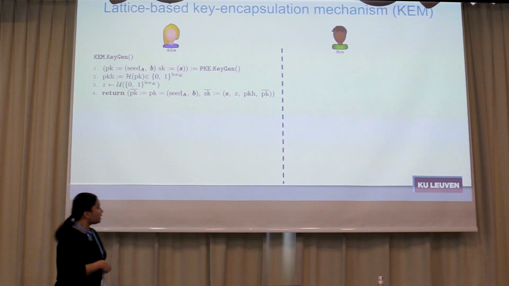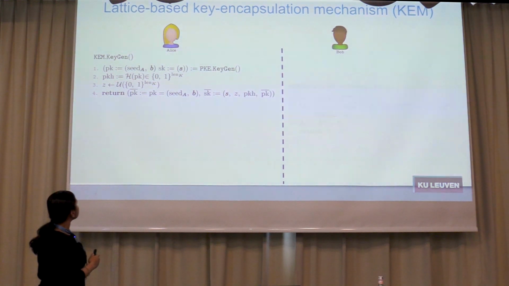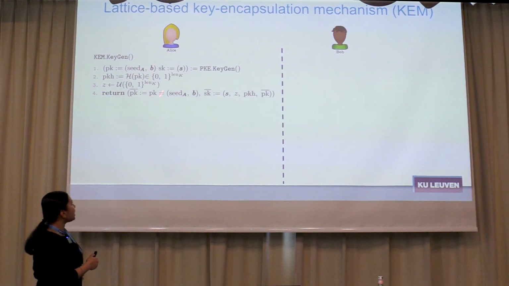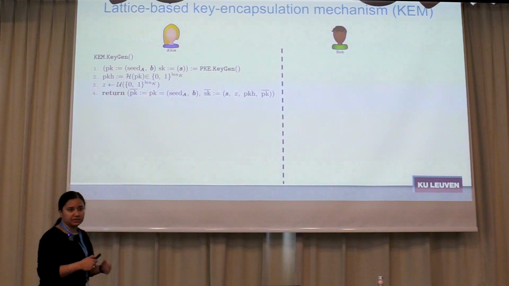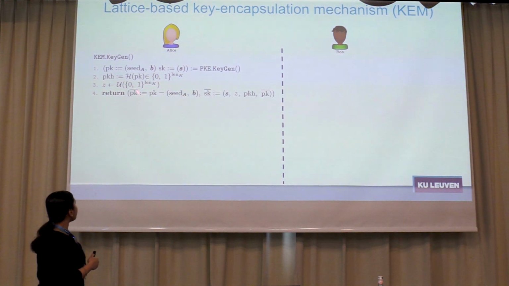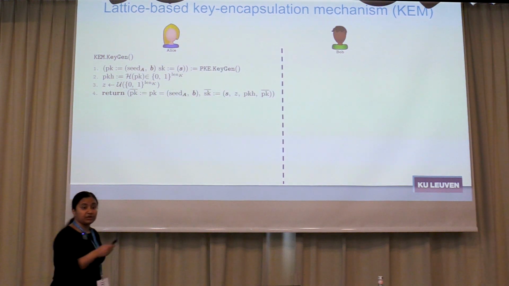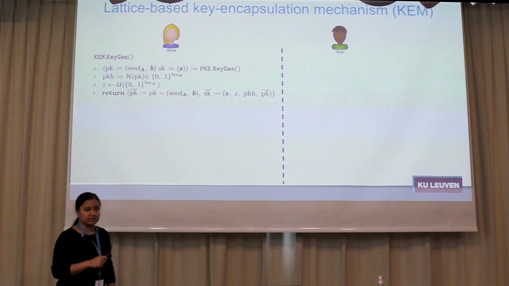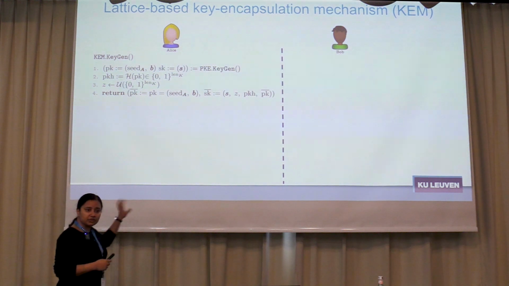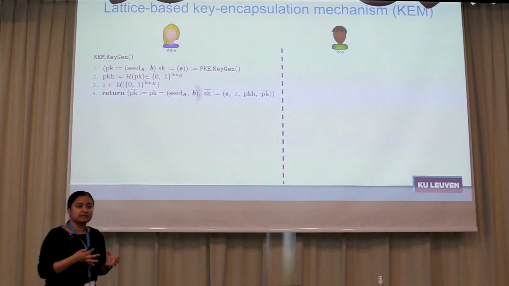If you check the key generation, it's basically the PKE keygen, except there are a few hashes which you need to check for the later part, and you have an extra key, this z, that is used during decapsulation failure. That is generated during key generation and stored as secret.